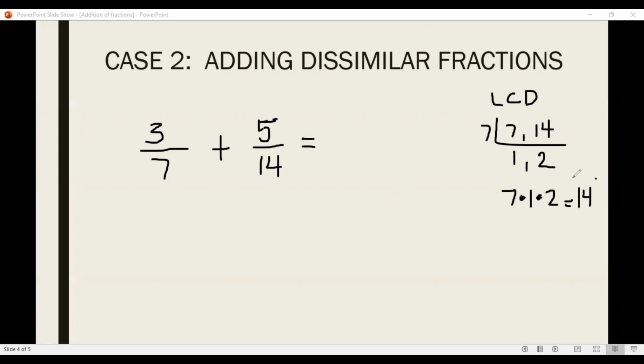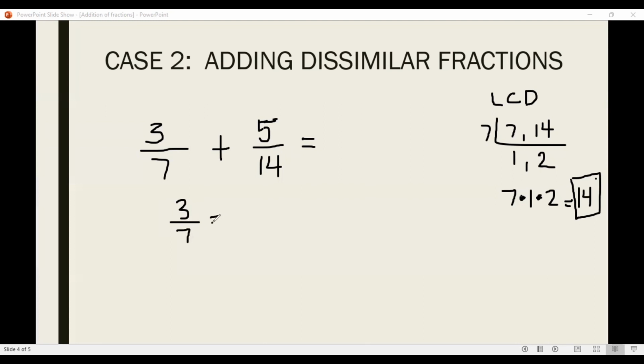So we just have to show the solution for finding the least common multiple, which is actually necessary. Why? Because there is a need for us to regroup, or rename, I should say. So 3/7 will now be renamed in terms of the denominator 14. That simply means that we are looking for equivalent fractions.